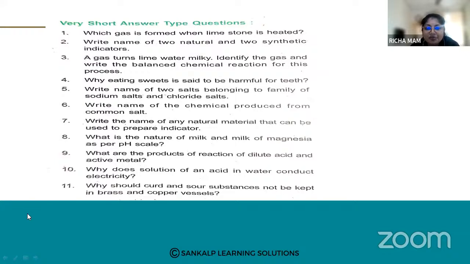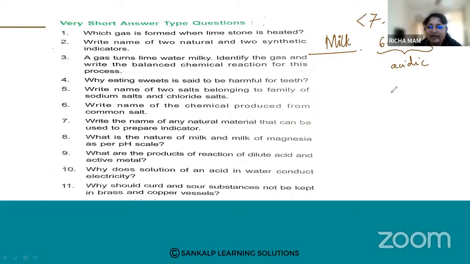What is the nature of milk and milk of magnesia as per the pH scale? Milk has a pH from 6.5 to 6.7, so it is slightly acidic. We know that whenever the pH is less than 7, it is acidic.